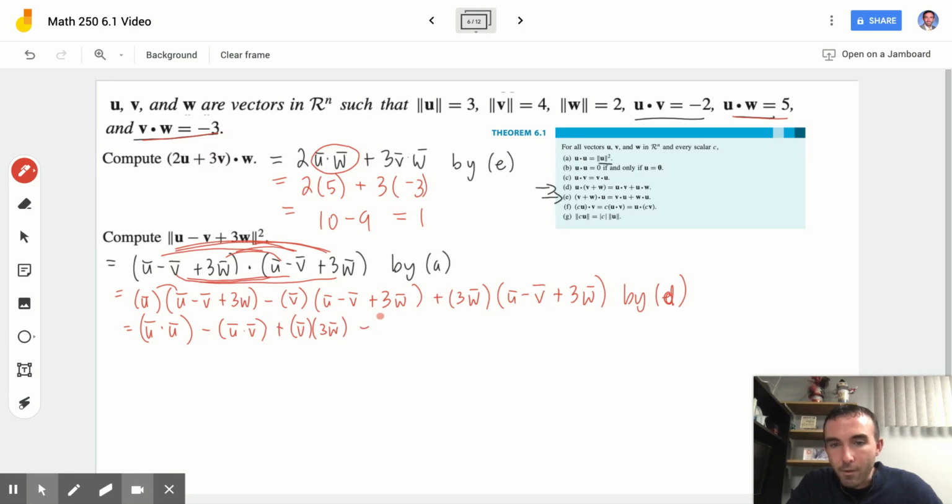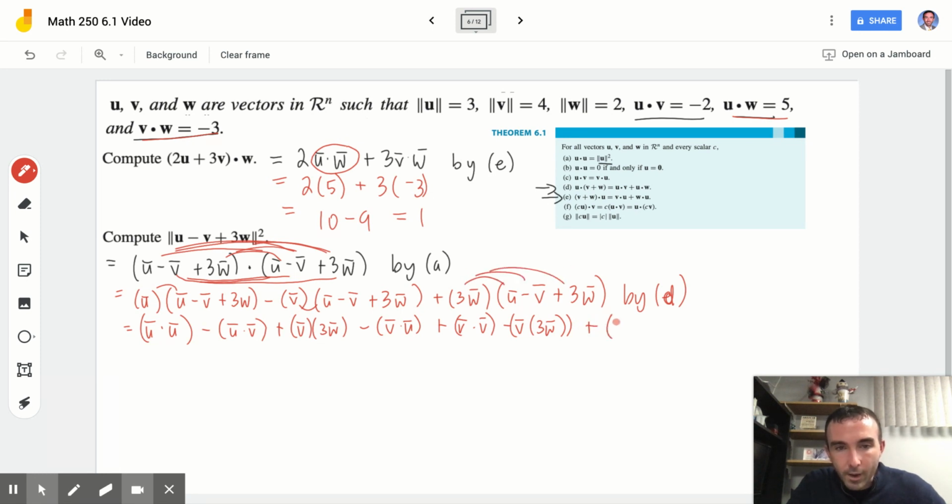Then I have minus v by u when I start to distribute the v. And then I'm going to have plus, because I'm doing a negative times a negative, v by v. And then minus v by 3w. So I'll put that all in one group there. And then the last part, I want to distribute the 3w out.